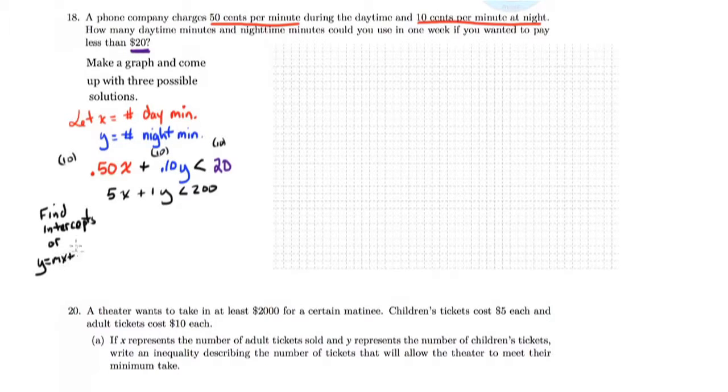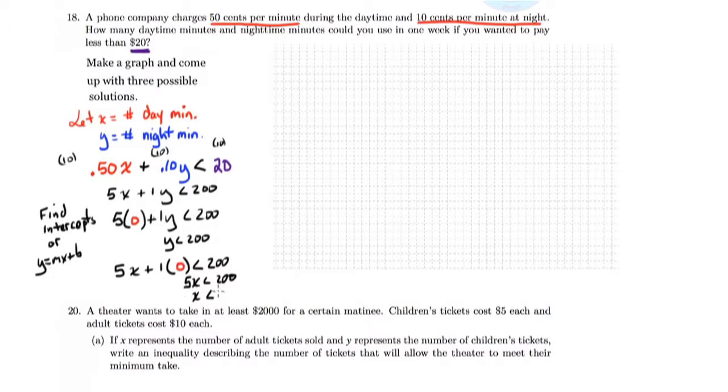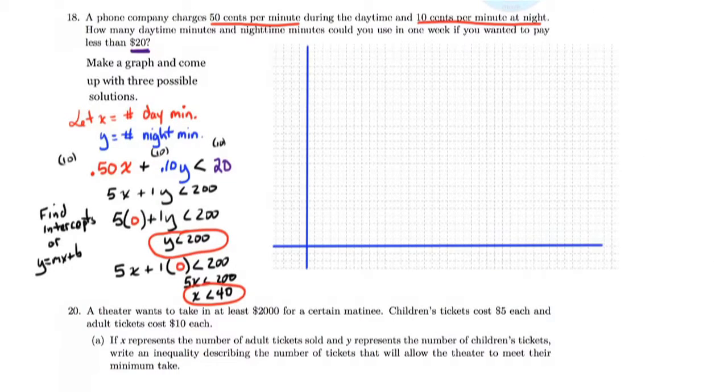So the best way to solve these kinds of problems is finding the intercepts. We could use the y equals mx plus b equation, but I think if we substitute 0 for x and solve for y, that gives us the y-intercept, and substitute 0 in for y and find the x-intercept, generally is the easiest way to approach these.